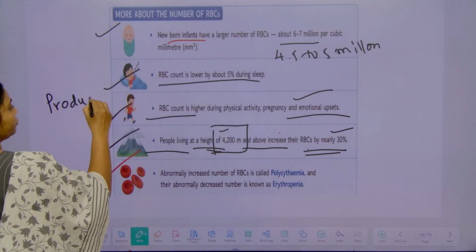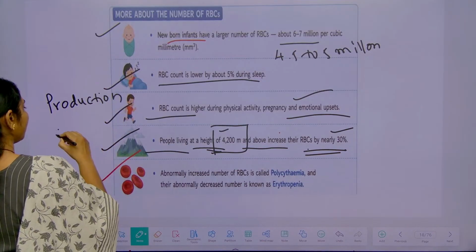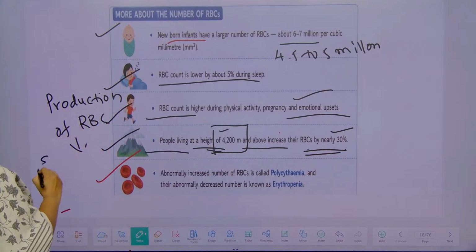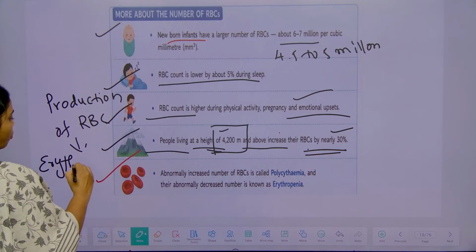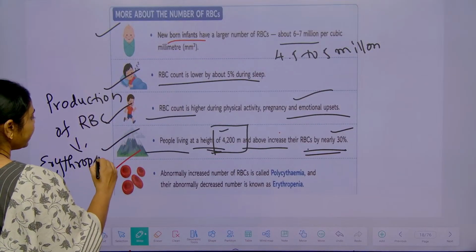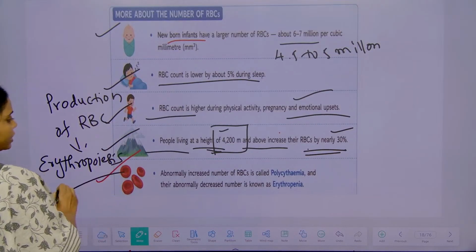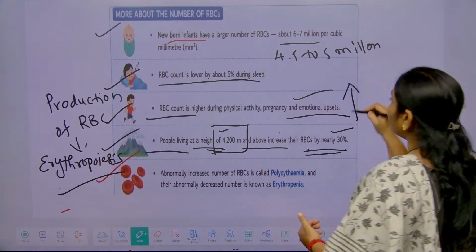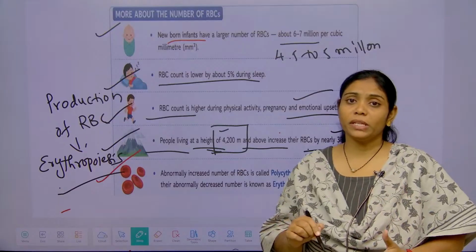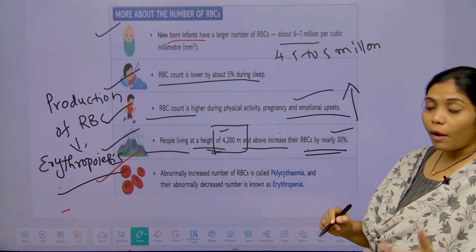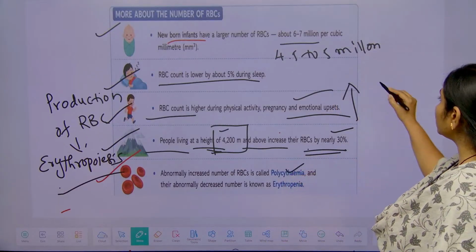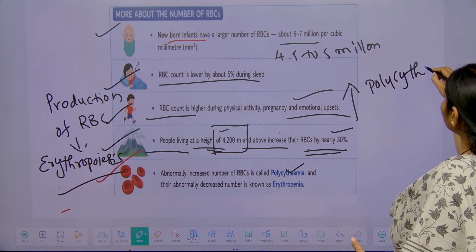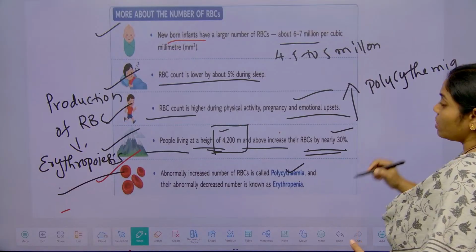The production of RBC is called erythropoiesis. If the RBC number increases abnormally, that condition is called polycythemia.